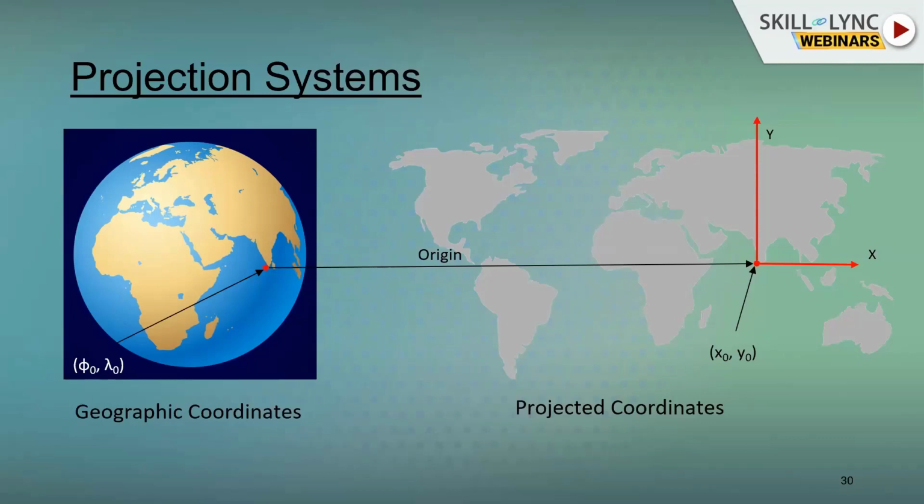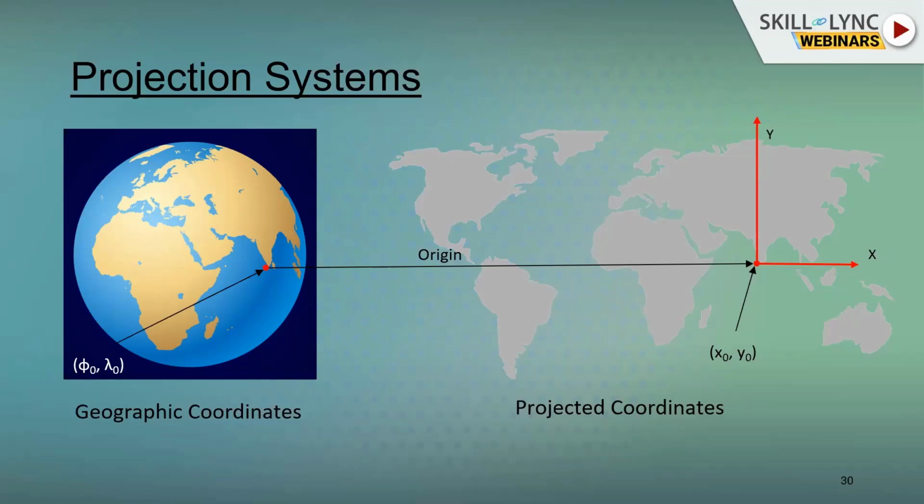For such applications, and to place it onto a plain surface, so that any person, whether he's from India or Australia, can understand it, that's why we are using the projection system, that is coordinate systems.